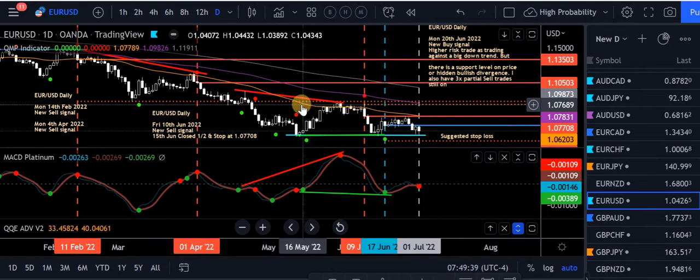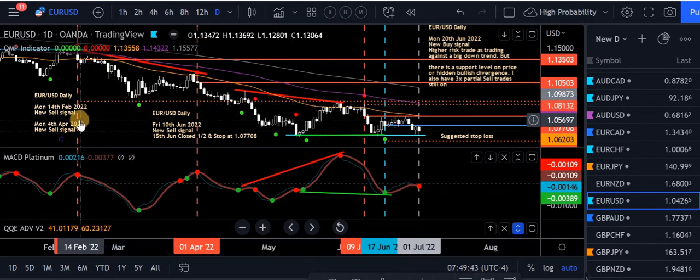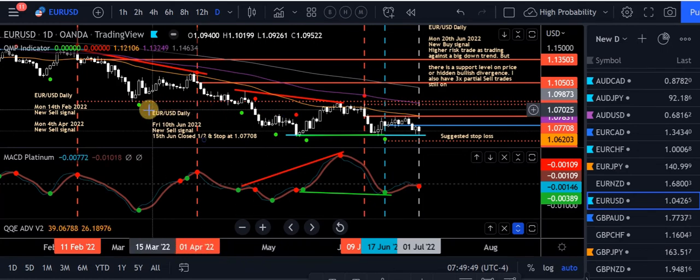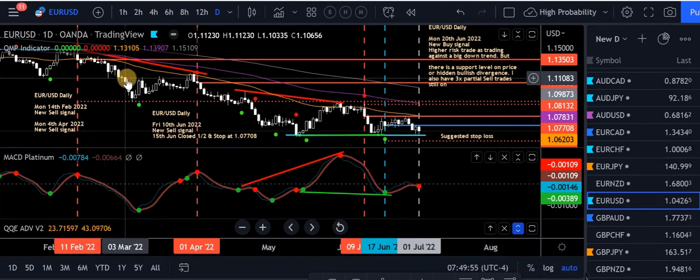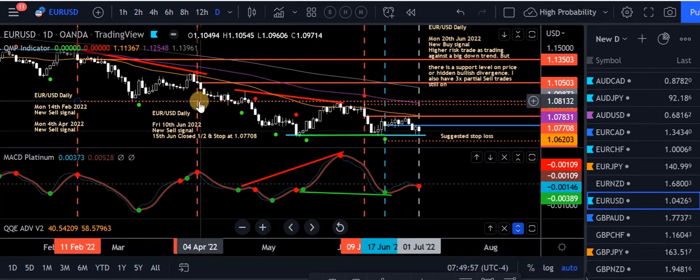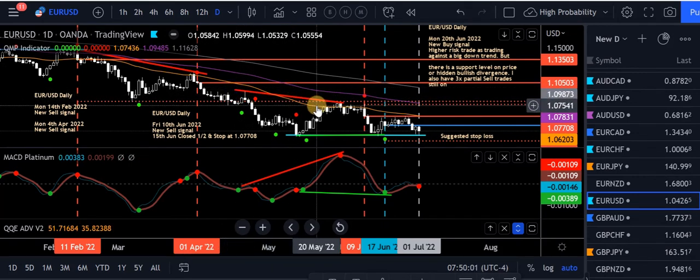And someone did ask me during the week about, because I've had trade since the 14th of Feb, which on the daily chart, you know, we're only talking about 5 months roughly. It's not a big deal on the daily chart, especially with the swap rate on the sell side of the Euro USD. The overnight interest rate's not horrendous, so it's not something to be concerned about on this pair.